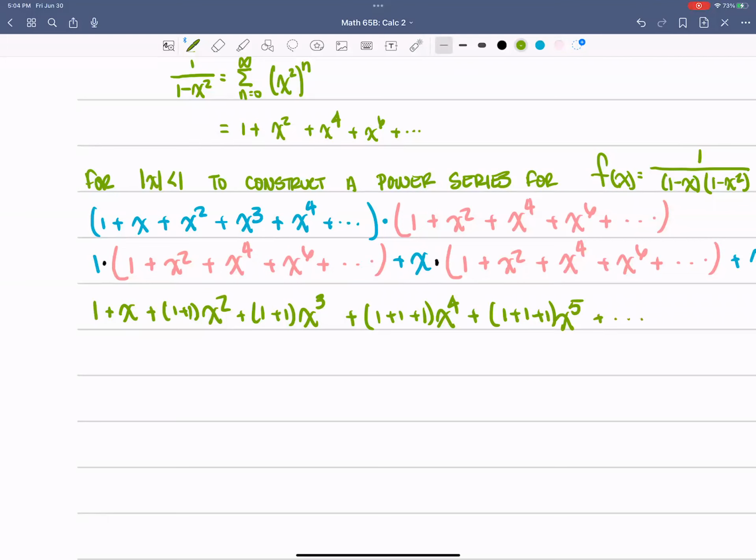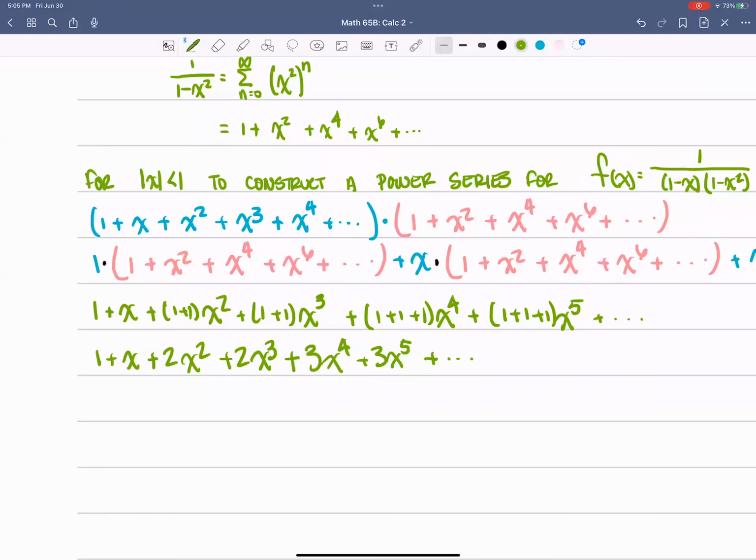So we have 1 plus x plus 2x squared plus 2x cubed plus 3x to the 4 plus 3x to the 5, infinitely.